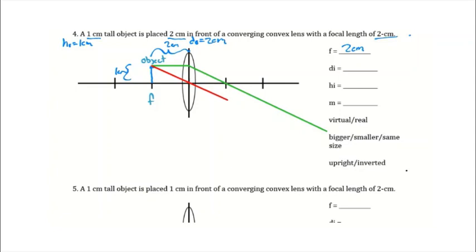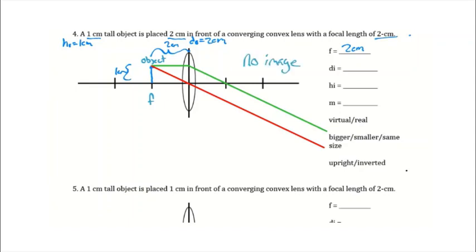So we're going to connect the top of our object through the center. And you should notice something very interesting about those two lines. They're not going to intersect. Those lines are parallel. That means if those rays never intersect, we have no image.